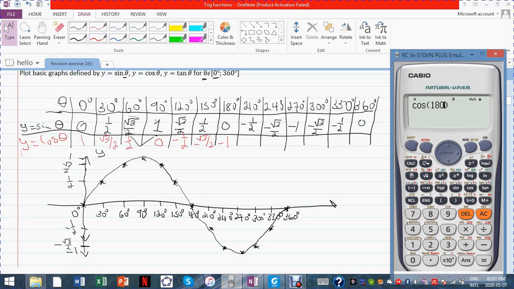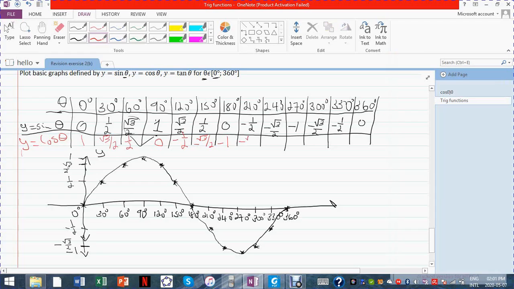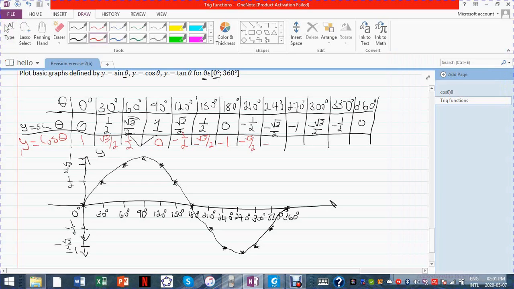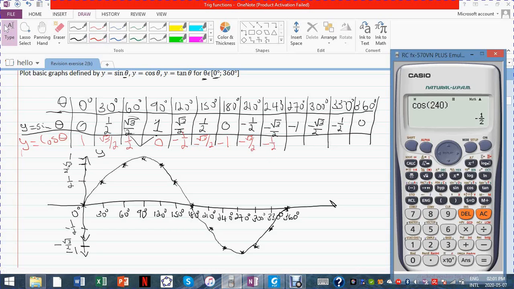And then cos of 210 we get negative root 3 over 2, once again negative root 3 over 2. Cos of 240 we get negative a half, negative 1 over 2. Cos of 270 we get 0.